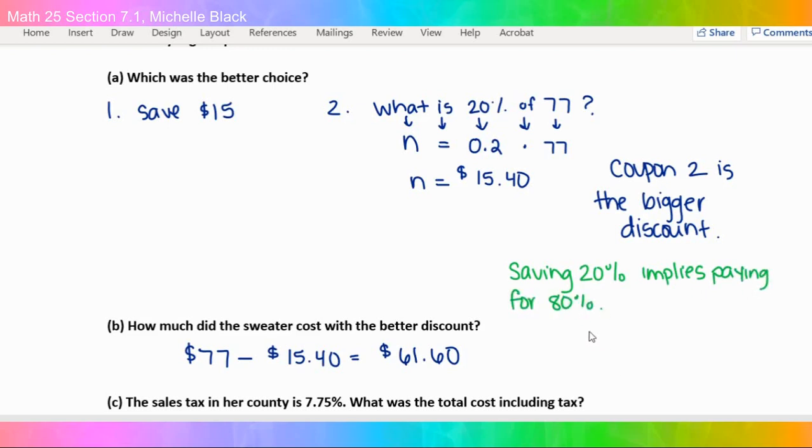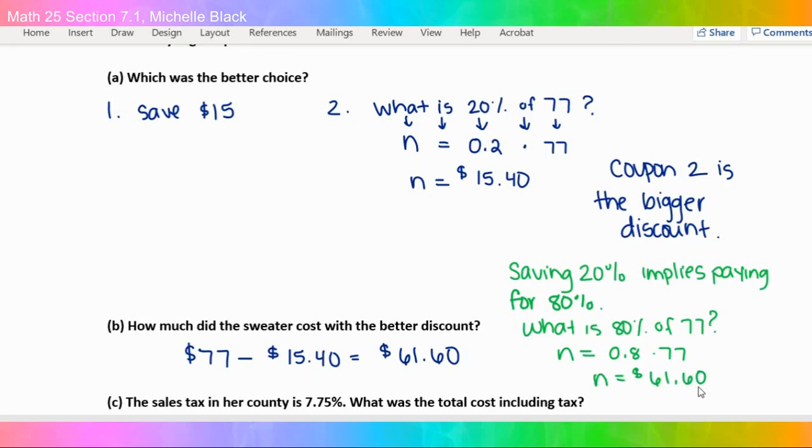If you're paying for 80%, then you want to know what is 80% of 77, and that'll tell you exactly how much money you will have to pay. So n equals 0.8 times 77, and if you do that in your calculator, you get back 61.60.